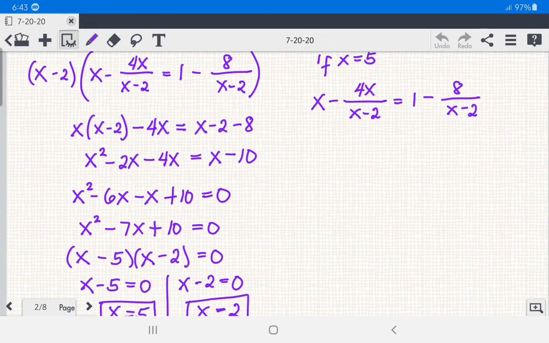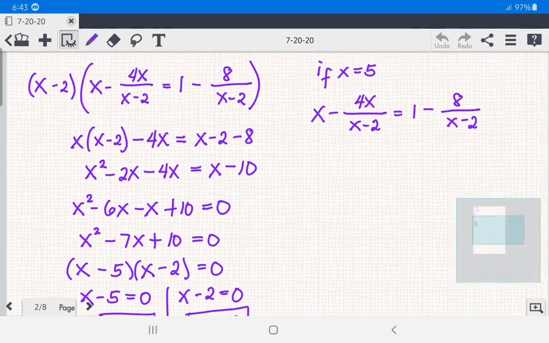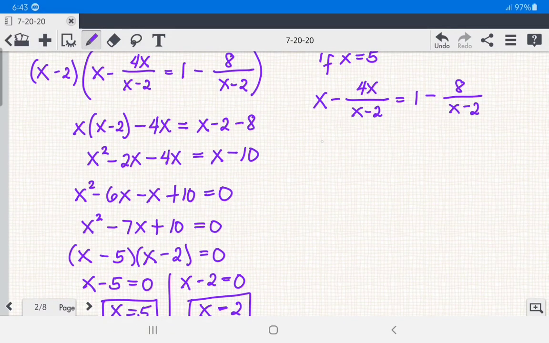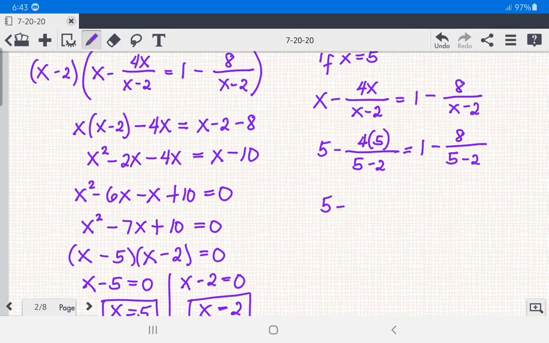So we have 5 minus 4 times 5 over 5 minus 2, then equals 1 minus 8 over 5 minus 2. The value of x is 5. The next, we have 5 minus 4 times 5, we have 20, then over 5 minus 2, we have 3, then equals 1 minus 8 over 5 minus 2, we have 3.